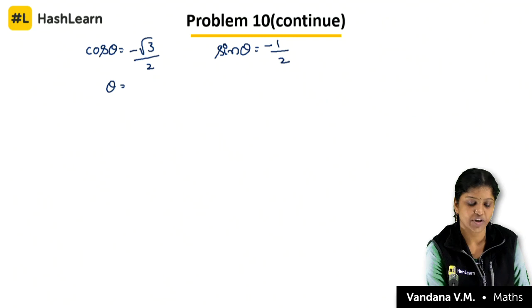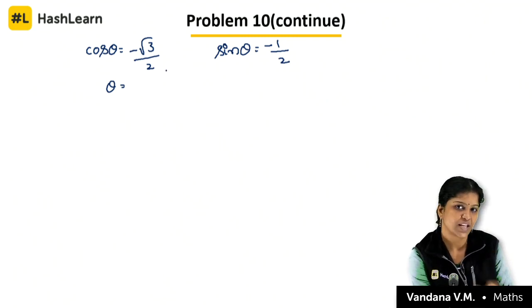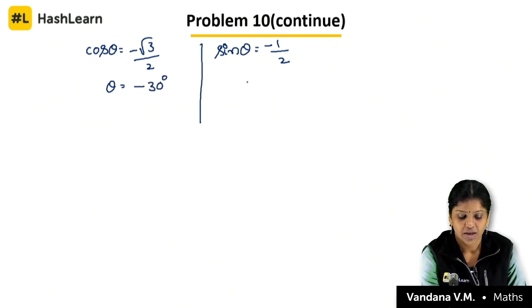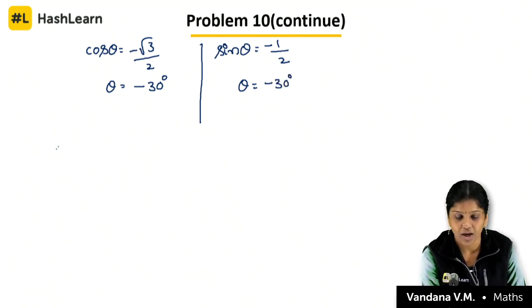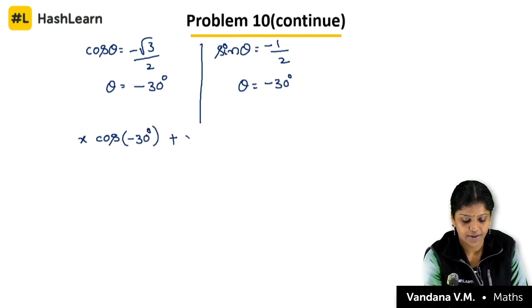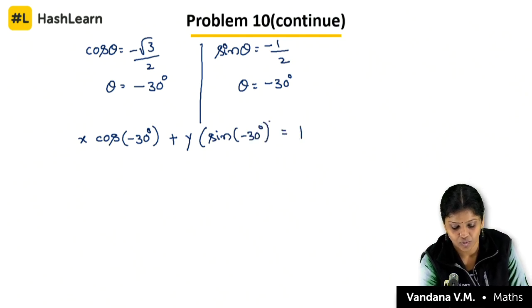Where will I get root 3 by 2? At 30 degrees, but minus is there, so I will get minus 30 degrees. Here also the same thing, minus 30 degrees. So, the equation becomes x cos of minus 30 degrees plus y sin of minus 30 degrees is equal to 1.